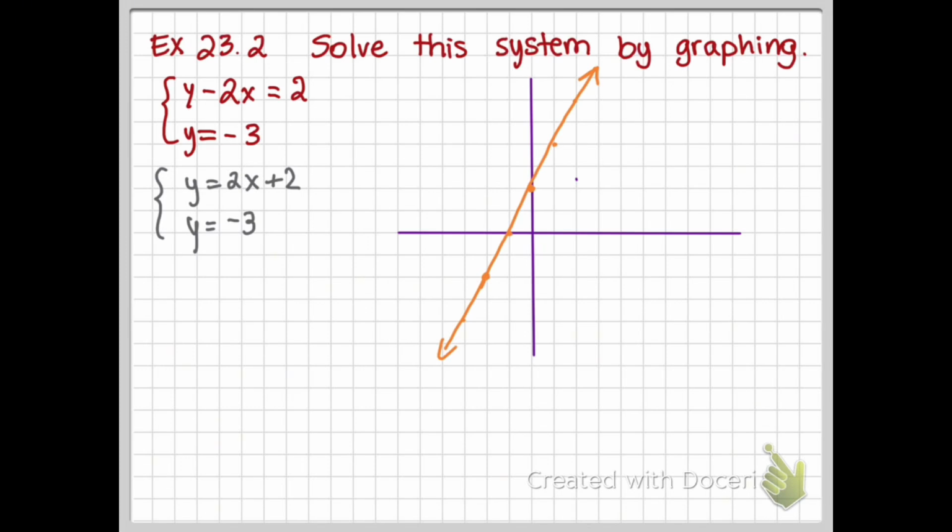Now the other one is a horizontal line that goes through -3. So here's -3. And that would be the line that graphs that. Again, we have a graphical solution, but that is not exact. Now let's practice estimating more or less where that point is.